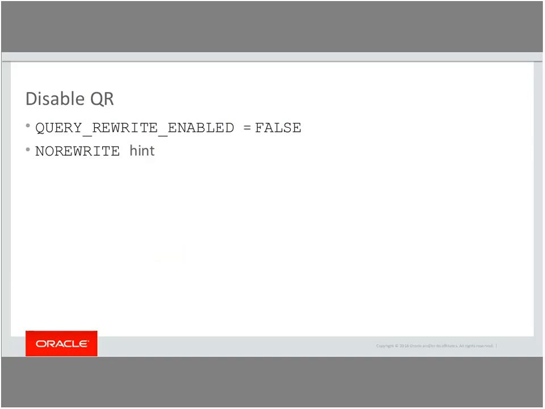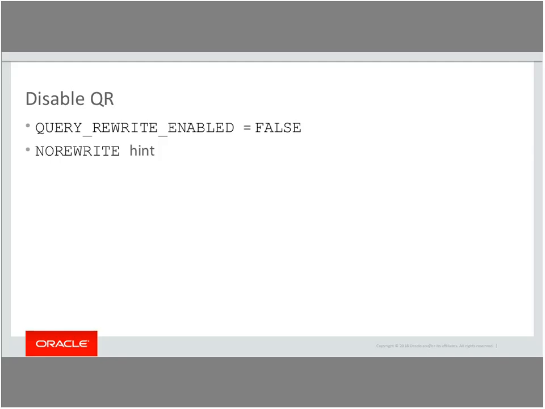Disabling query rewrite. You can use the initialization parameter query_rewrite_enabled to disable query rewrite for all materialized views, or to enable it again for all the materialized views that are individually enabled. However, the query_rewrite_enabled parameter cannot enable query rewrite for materialized views that have been disabled with a create or alter statement.